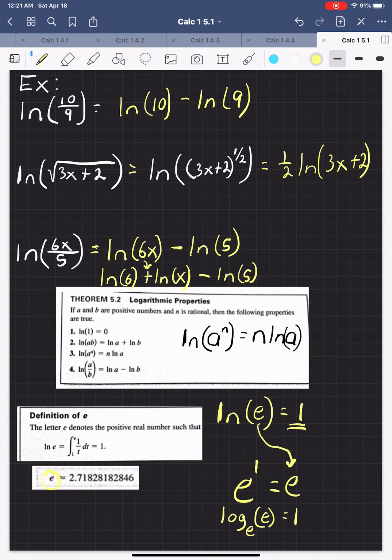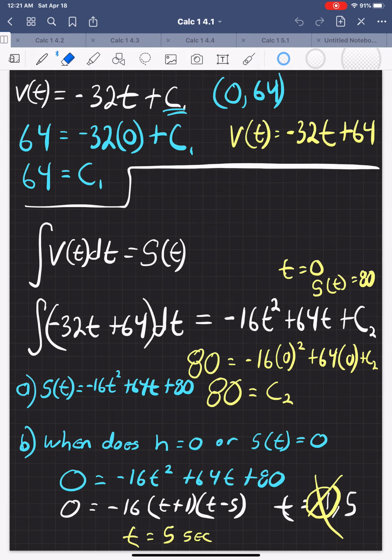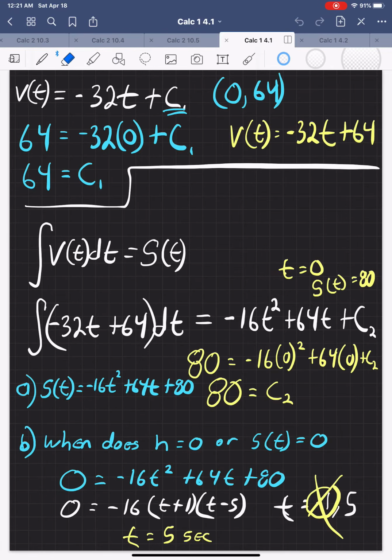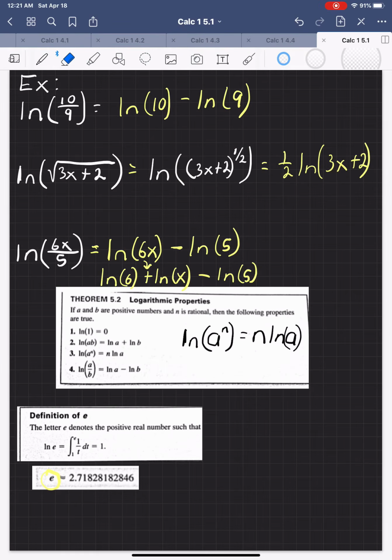Now, if that's a little bit too much, no worries. Here's all I need you to understand right now. The only thing I need you to take away is that e is a number on the number line, just like 3 is a number on the number line.